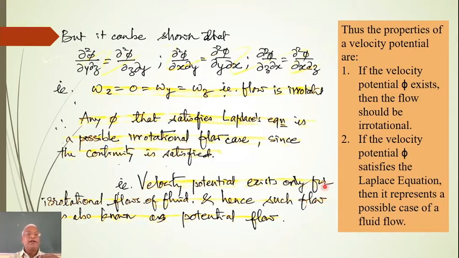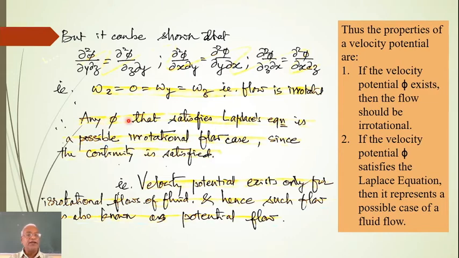Now, it can be shown that dou squared phi by dou y dou z equals dou squared phi by dou z dou y, and so on, which indicates that omega x, omega y, omega z, which are the rotational components, are equal to 0. So the flow is irrotational.